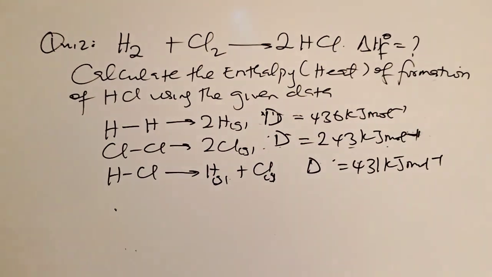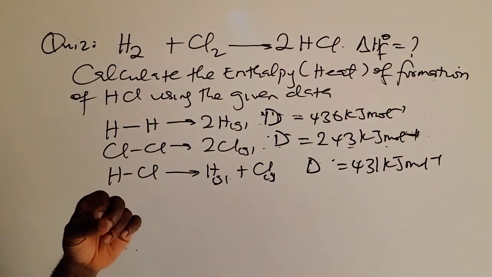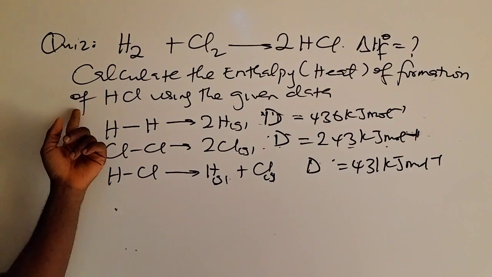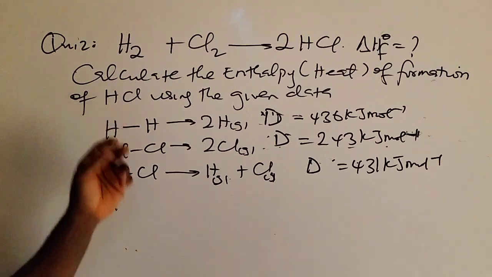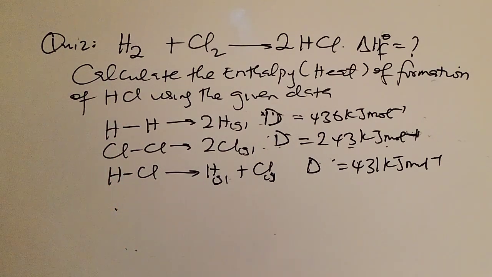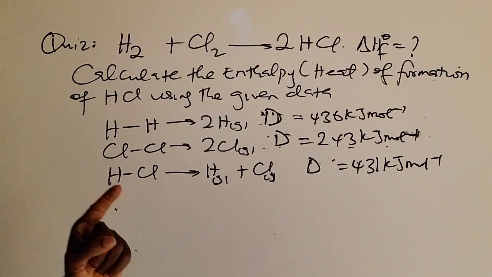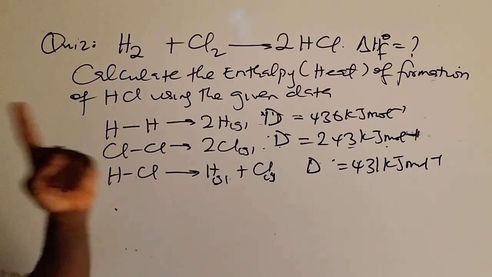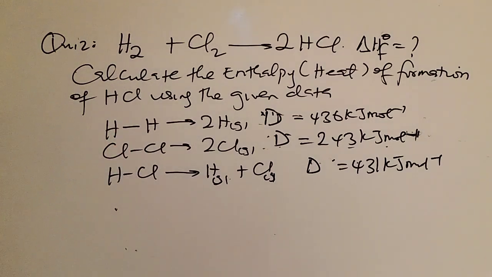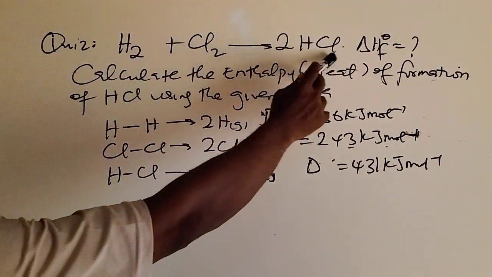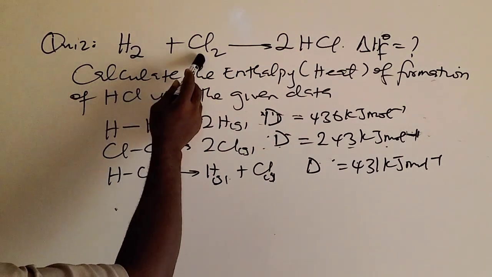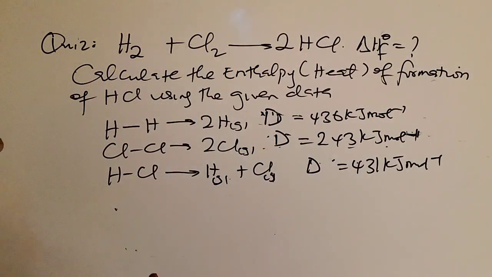Heat of formation is the enthalpy change when 1 mole of a compound, not only HCl, 1 mole of any compound, is formed from its constituent elements. Now, from this equation, HCl has been formed from hydrogen and chlorine, which are the constituent elements.